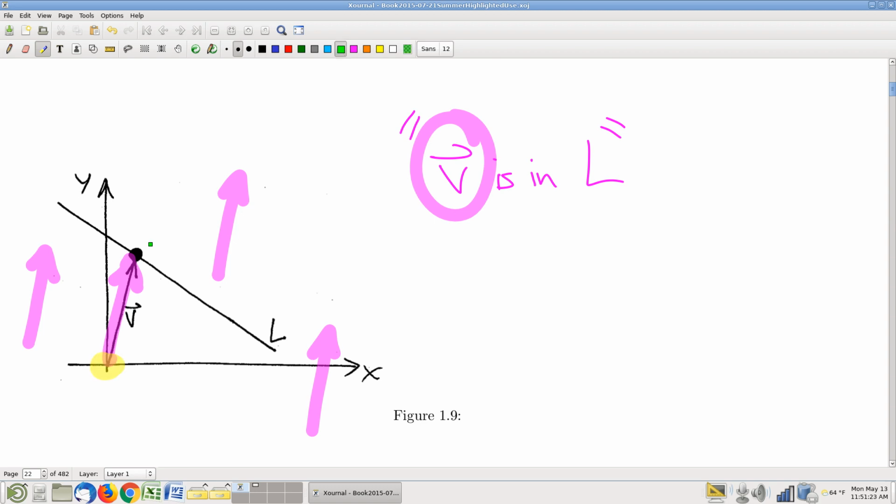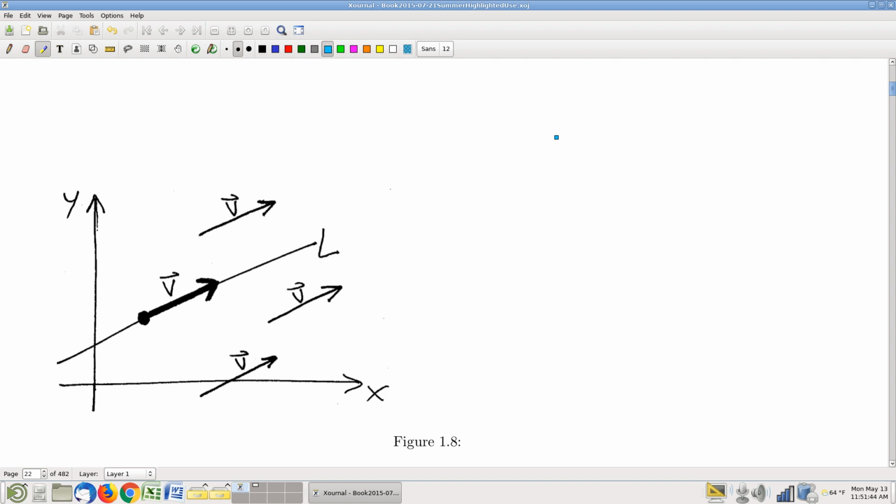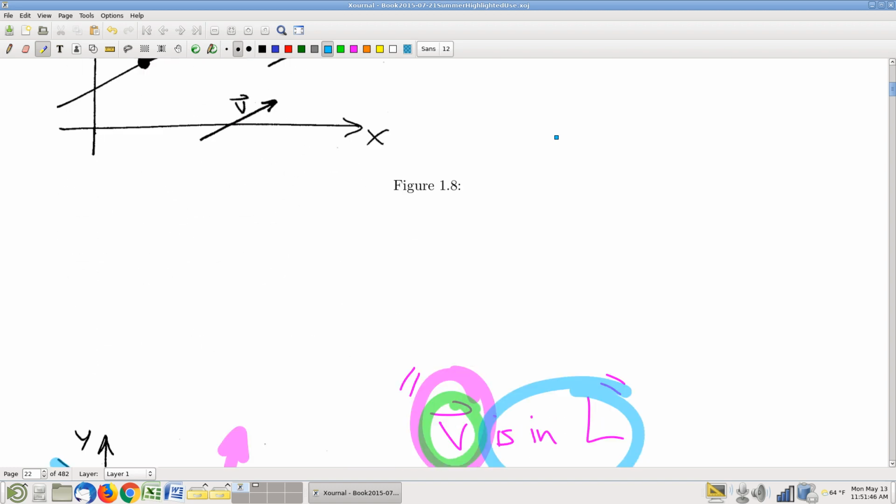The point there is the head of the arrow whose tail is at the origin. So that must be the V that we're talking about that's inside of this line L. So this picture would be the interpretation of V is in L, not this picture. Everybody happy?